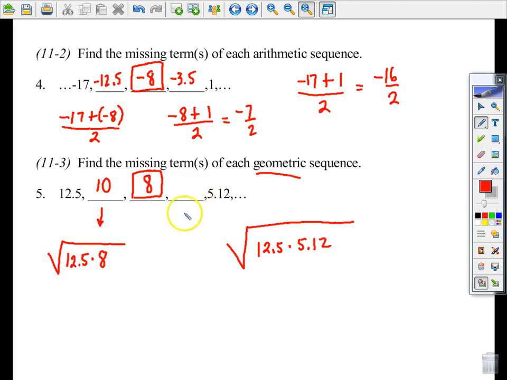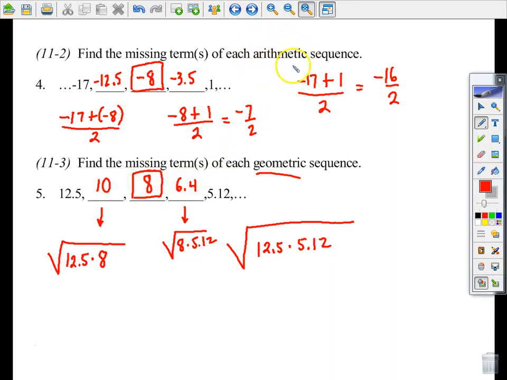All right, and then do the same thing here. Let's find the geometric mean, square root of 8 times 5.12. All right, square root 8 times 5.12 is 6.4. Okay, so we have our missing terms.